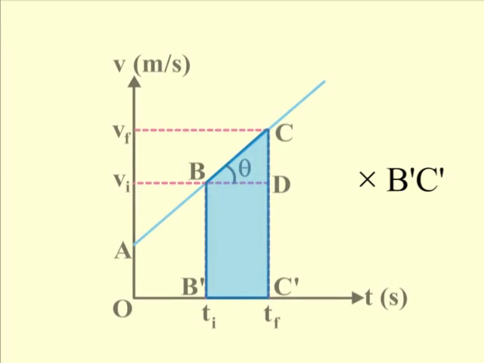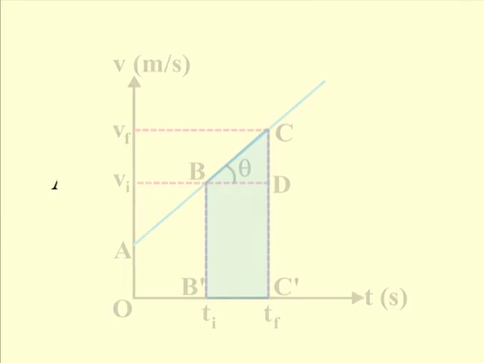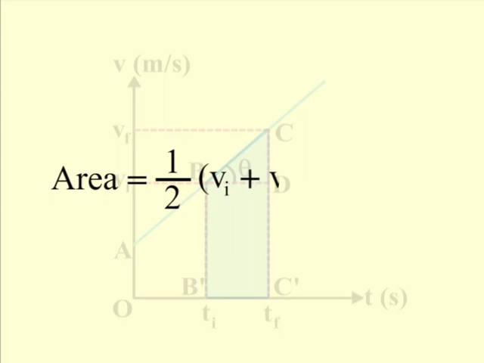It is clear from the graph that BB' is equal to Vi, CC' is equal to Vf, and B'C' is equal to Tf minus Ti. Therefore, the area enclosed is equal to half of the sum of Vi and Vf multiplied by Tf minus Ti.